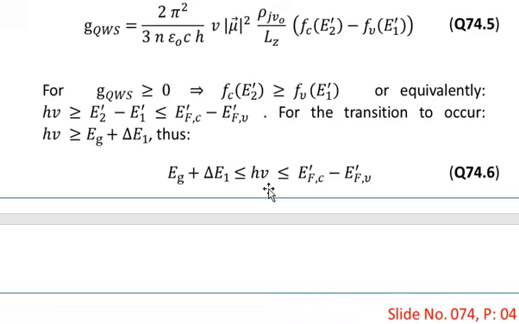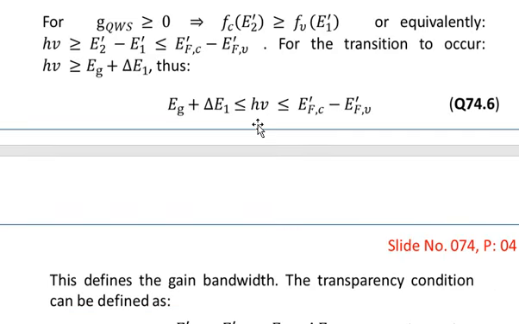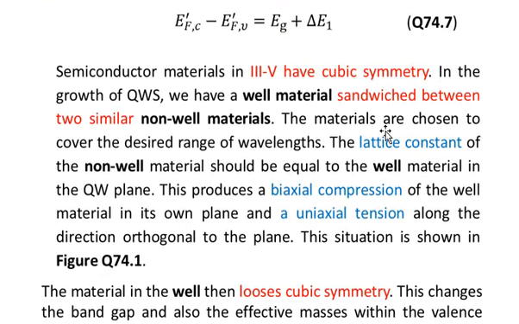That is, you can set the gain bandwidth of the grown semiconductor material using this equation. So the well material and the non-well materials are chosen to cover the desired range of wavelengths or the bandwidth of the system.